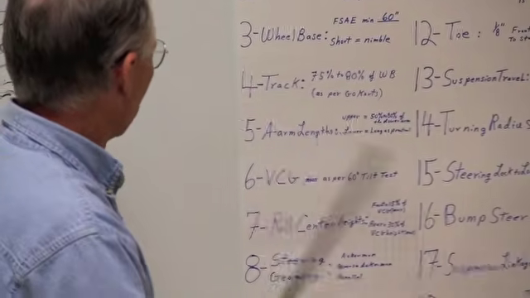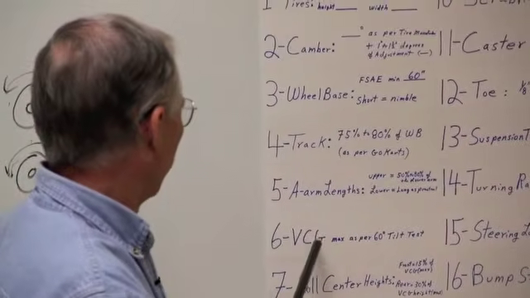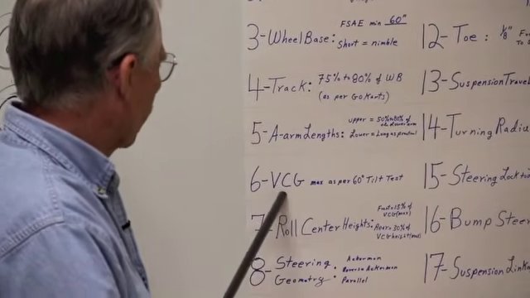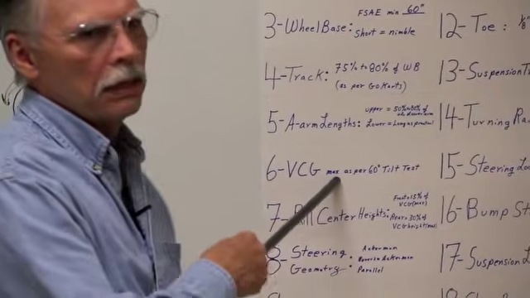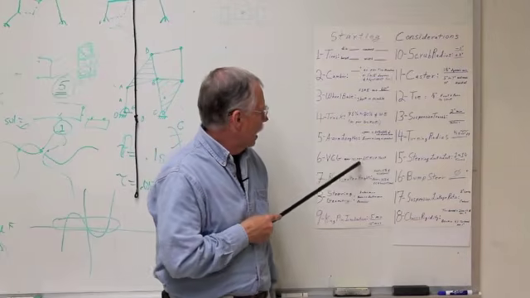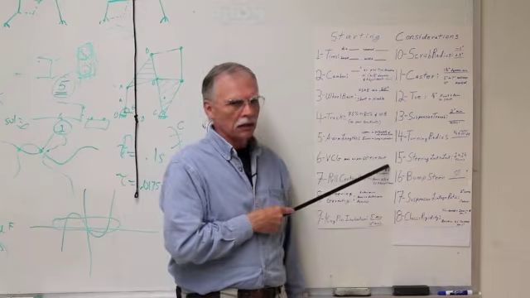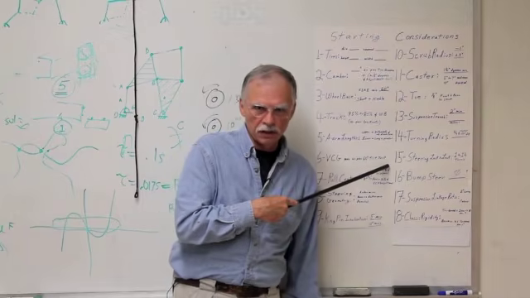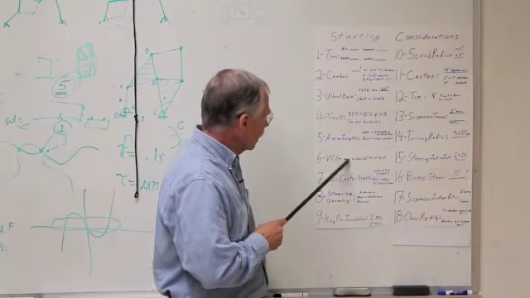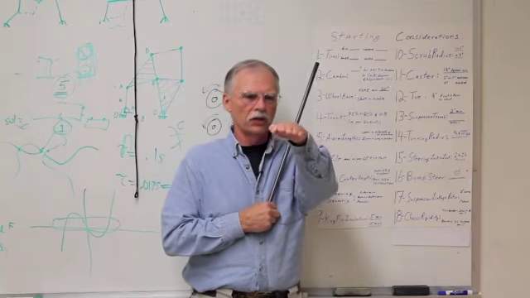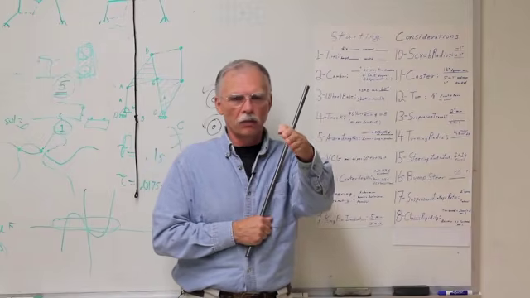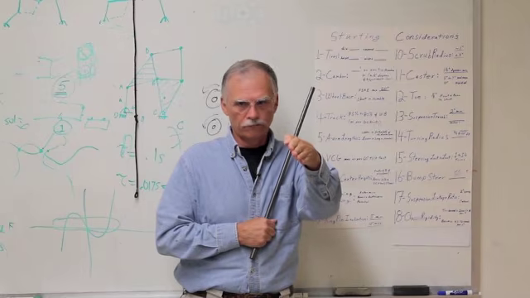Okay, so we've got A-arm lengths, we've got track. Now, number 6, vertical center of gravity. We need to know the maximum it can be, as per the 60-degree tilt test. This is a picture of it in the book. These vehicles will be tilted up from horizontal to 60 degrees to simulate 1.5 G cornering load.